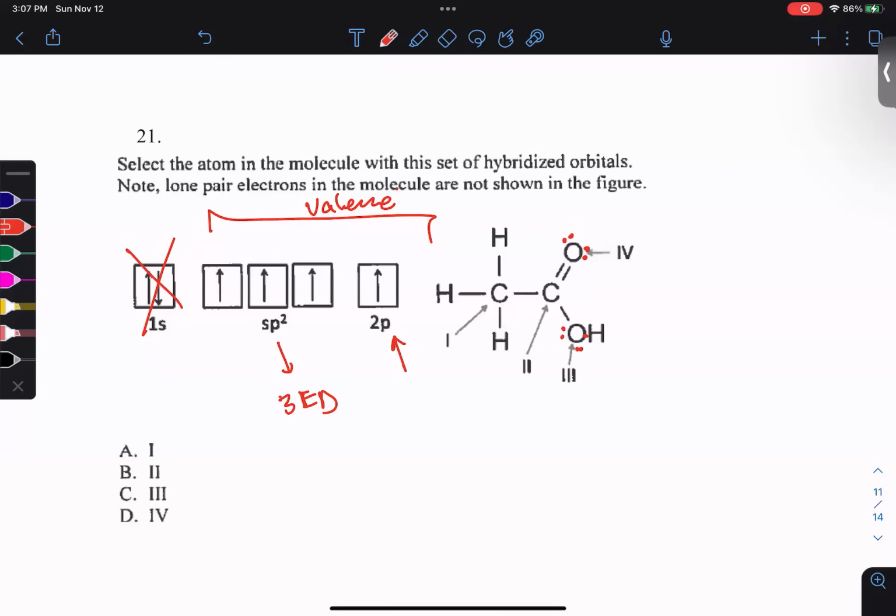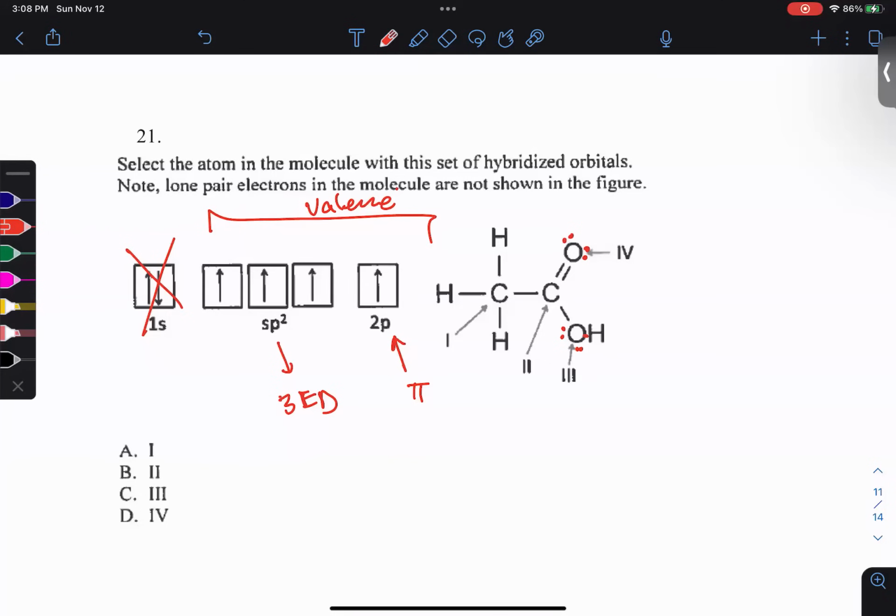That this atom also has an unhybridized p orbital. They make what kind of bond? It has a pi interaction. So this valence bond picture is telling me that the atom I want to choose has 3 electron domains and it has a double bond in it somewhere.